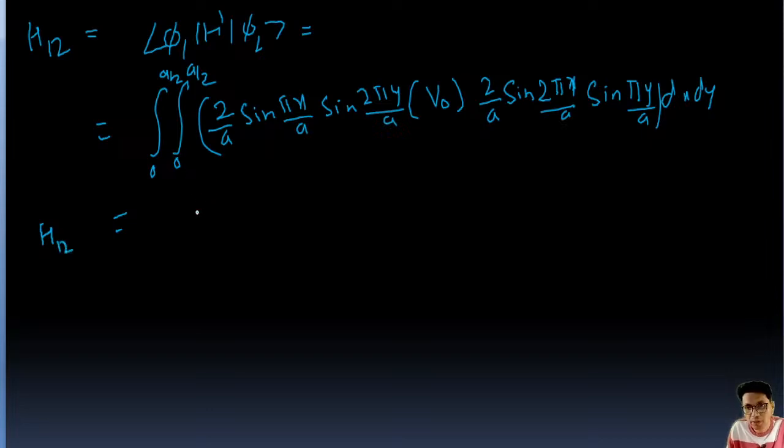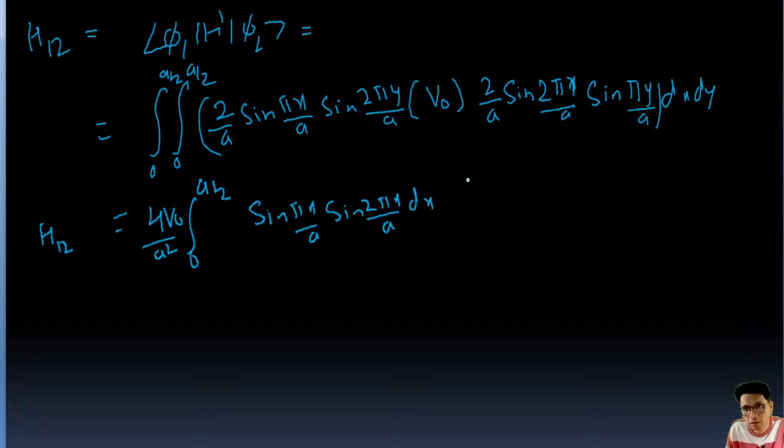It's going to be 0 to a by 2. Here 4 v0 upon a square will be common. It is going to be 0 to a by 2 of sine pi x upon a into sine 2 pi x upon a dx integration.